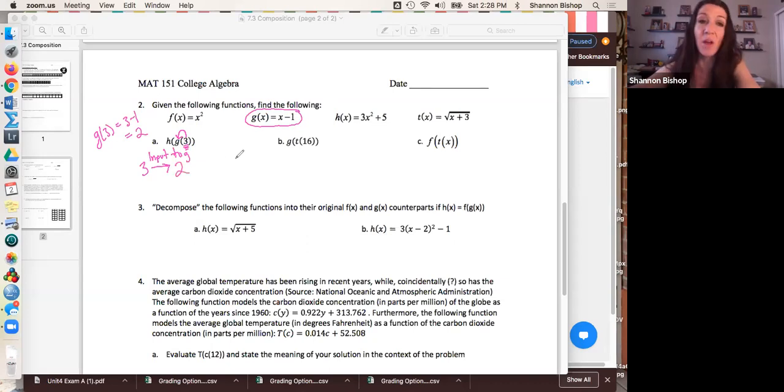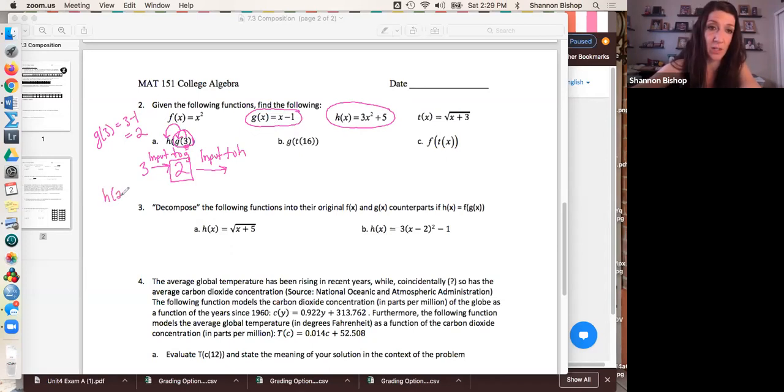Well, not done, because now, compositionally speaking, you then take that answer, go back to your notation, take that answer and plug it in to H. So take this 2 and plug it in to H. So where's H? Here's H.